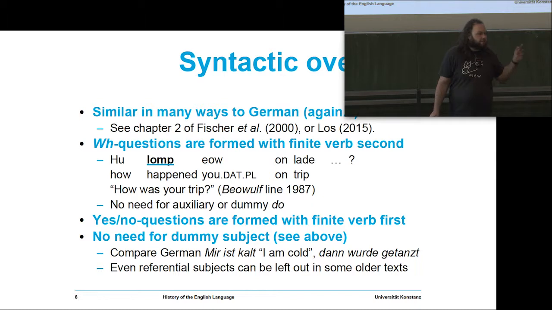So you actually insert a special form. This is a dummy do, or auxiliary or periphrastic do, it's sometimes referred to in the literature. It's a very special property of modern English. Don't find it at all in Old English. Instead, what you find is that the verb, the finite verb, just goes into the second position of the clause.